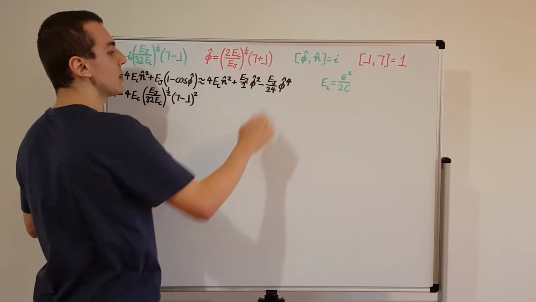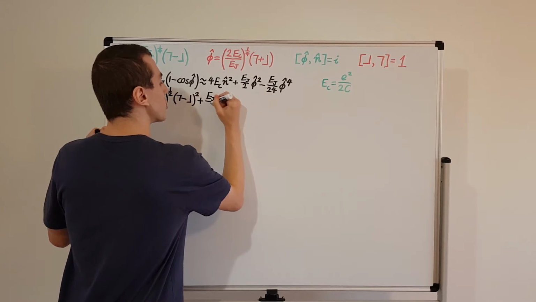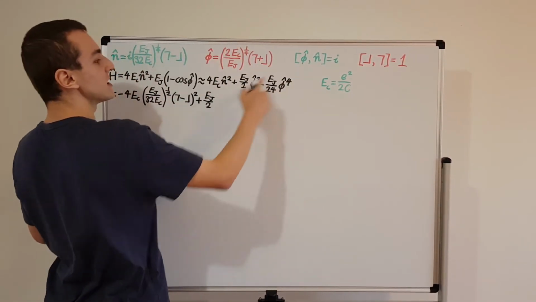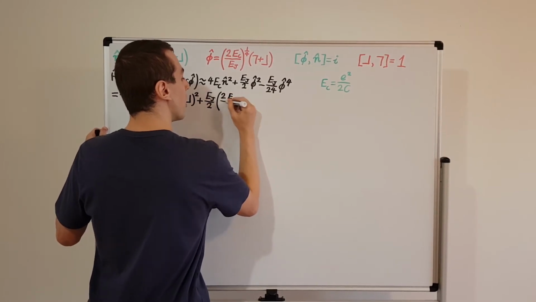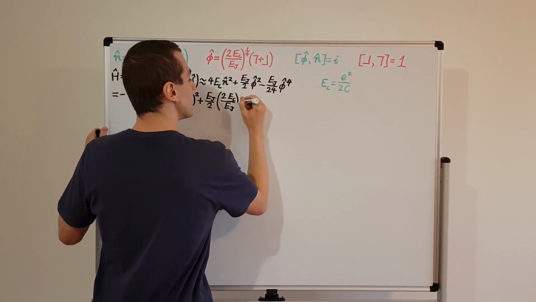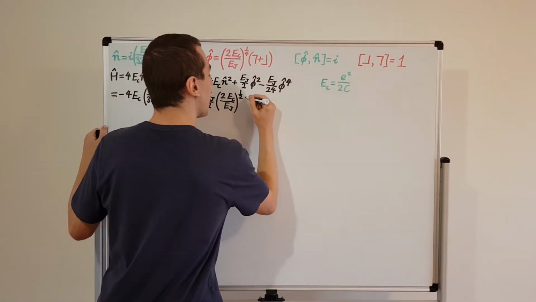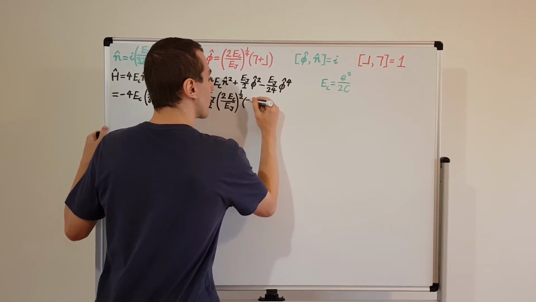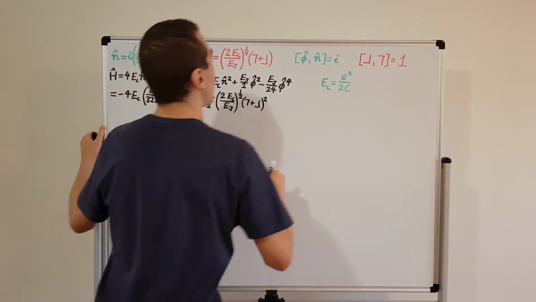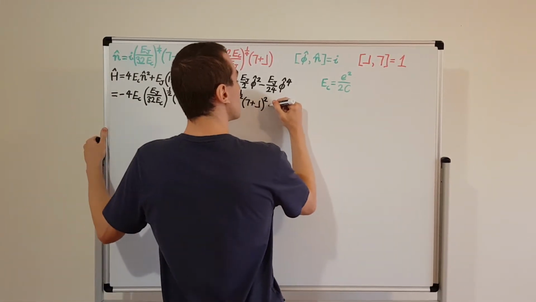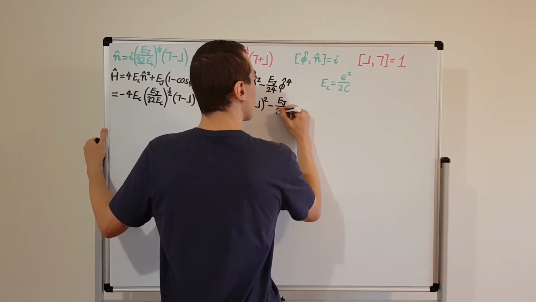Now let's have a look at these potential energy terms. Over here I'm going to have plus EJ on 2 times this phi squared. So we're going to have 2EC over EJ to the power of 1/2 as well, because we're squaring this. And then we have the sum of the creation and annihilation operator squared. And then finally, we have that quartic term. So that's minus EJ on 24.